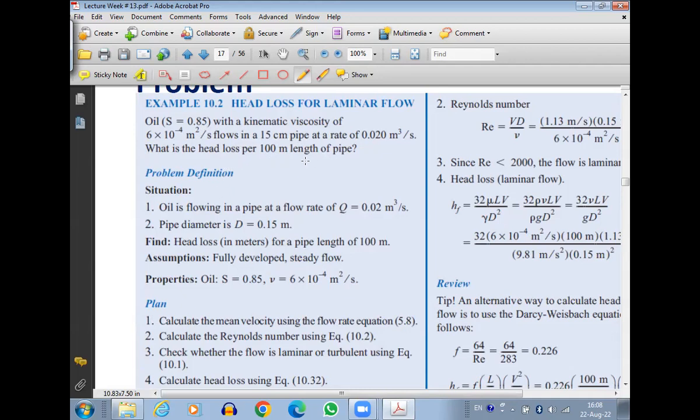Okay, so the thing is that we have a pipe here. It's a straight pipe. And the pipe length we are talking about is 100 meter. So let's say this is 100 meter length.